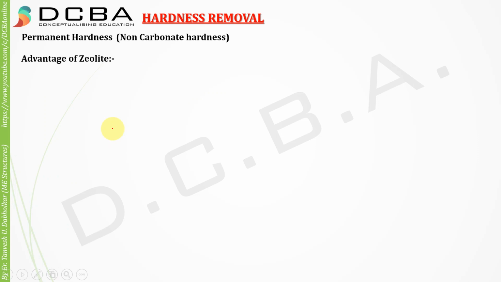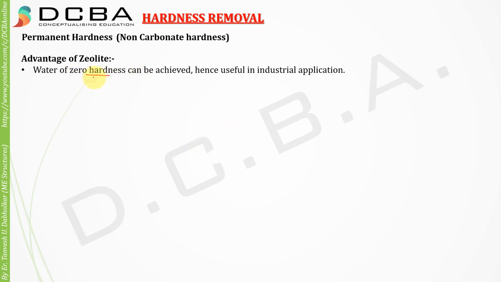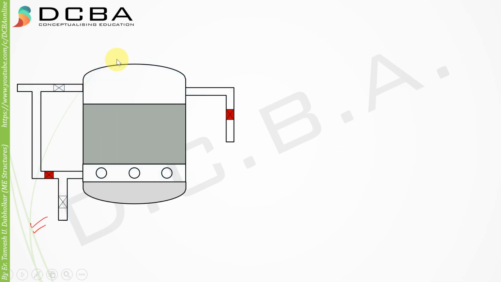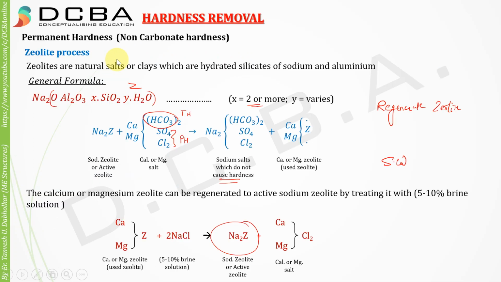Advantages of zeolite. One of the major advantages of zeolite is that zero hardness can be achieved. But apart from this, there is one more very important advantage of zeolite: you see in these chemical formulas, no precipitate is being formed. There is zero precipitate.